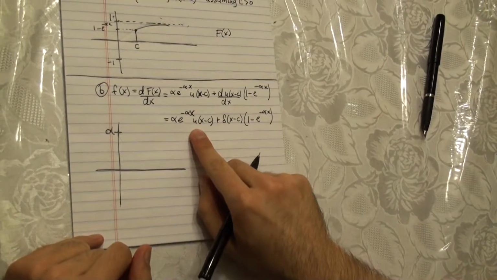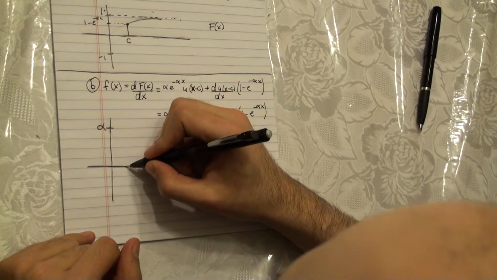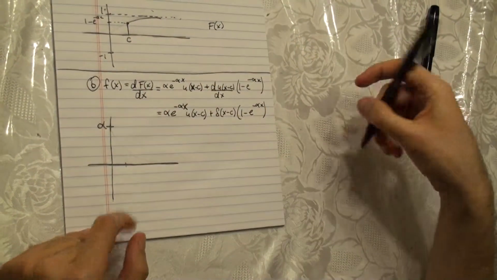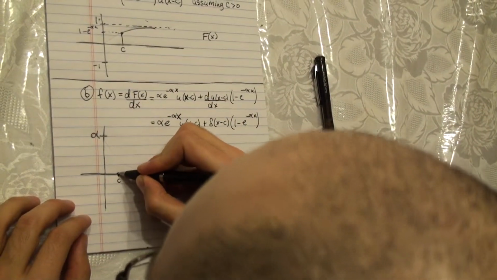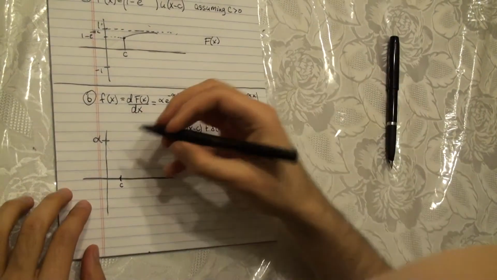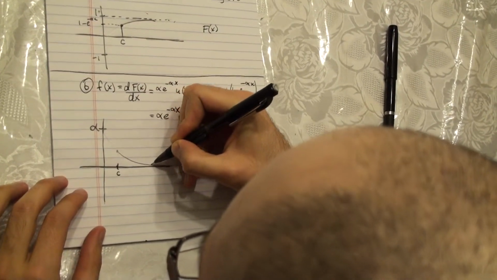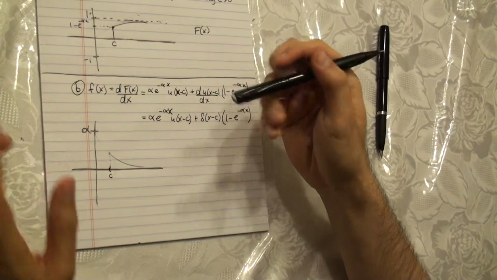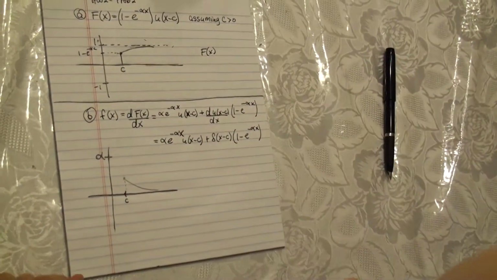But because we're multiplying by the step function, again, all we care about are the points after x equals c, which is right here. So all we care about are the points here. Everything else gets annihilated because the step function is 0.